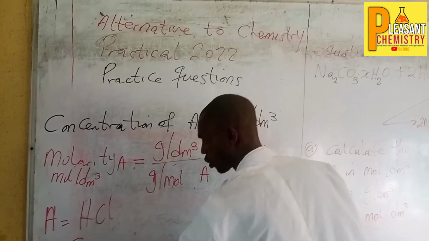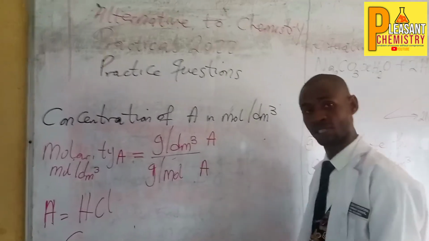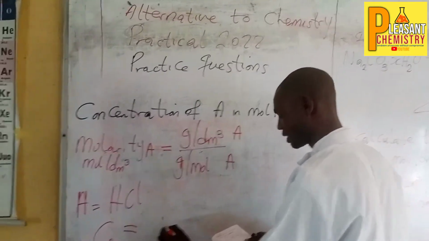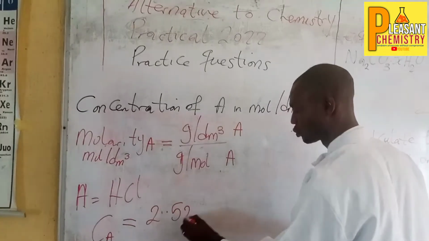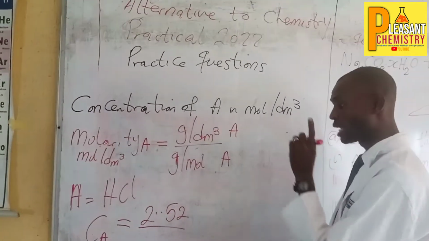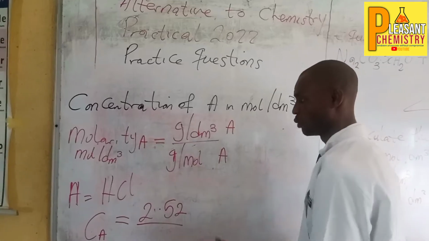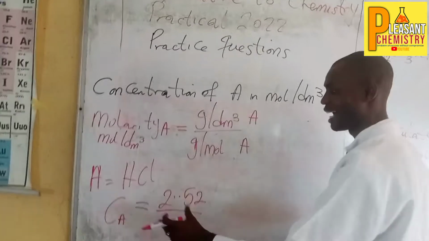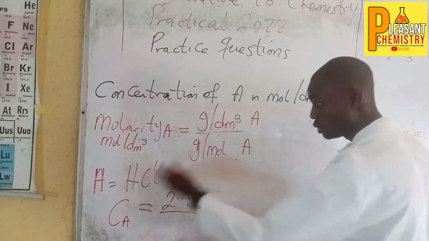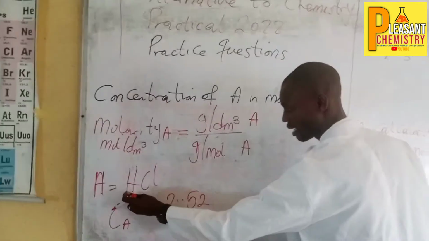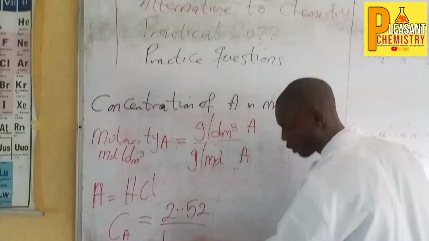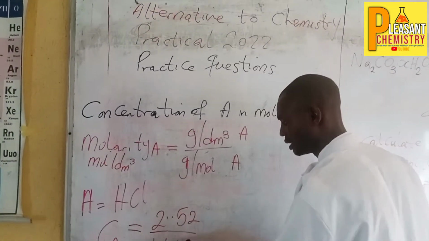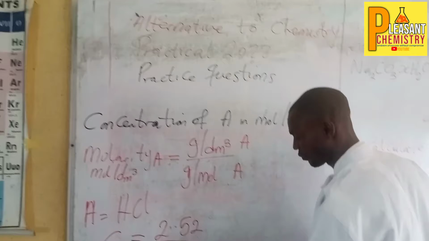So in that case, concentration of A, let's represent it with Ca, is equal to gram per dm cube of A, which has been given, 2.52, over the molar mass of A. Our A is hydrochloric acid, so to calculate the molar mass of A, we add the atomic masses together according to that formula. The atomic mass of hydrogen is 1, plus the atomic mass of chlorine is 35.5.